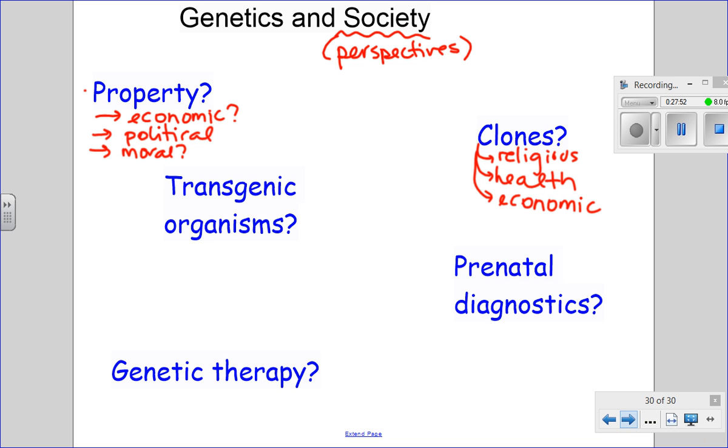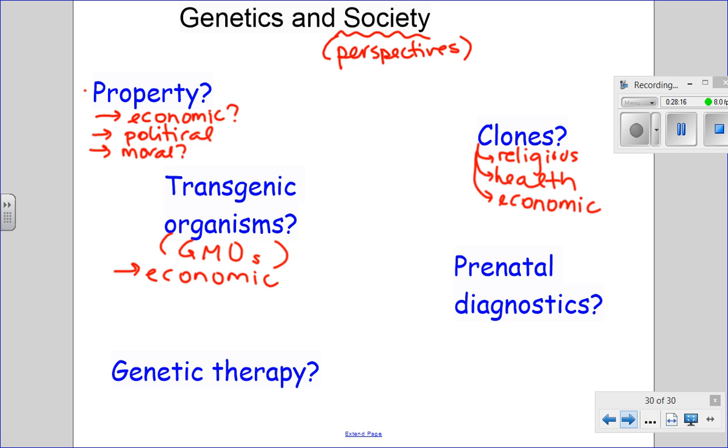There's the idea of transgenic organisms. So you might have seen GMOs, genetically modified organisms, organisms that have had genes inserted into their genome from a different species, like I showed you with the insulin gene. Obviously, there are a lot of economic benefits to this.